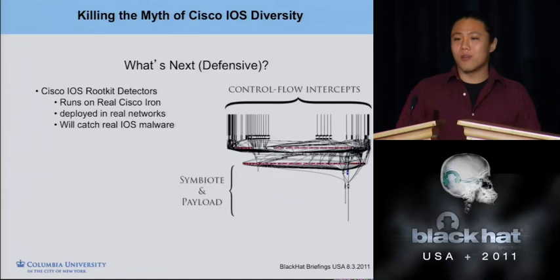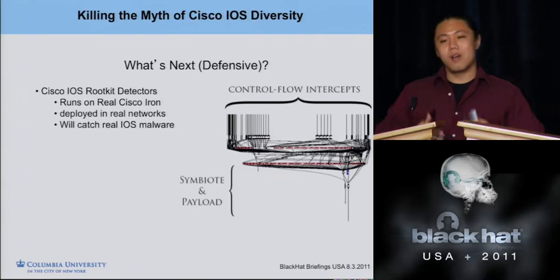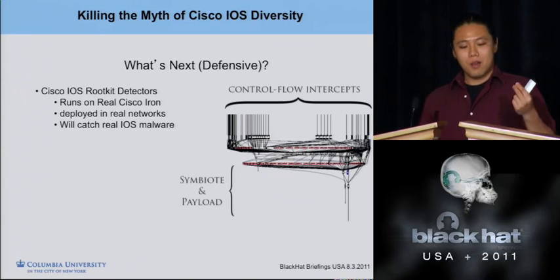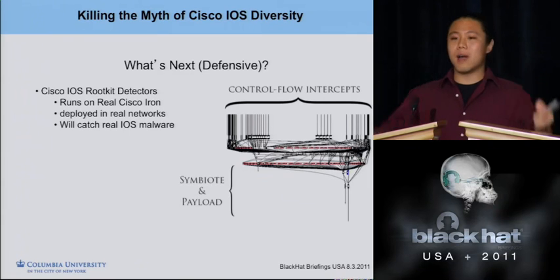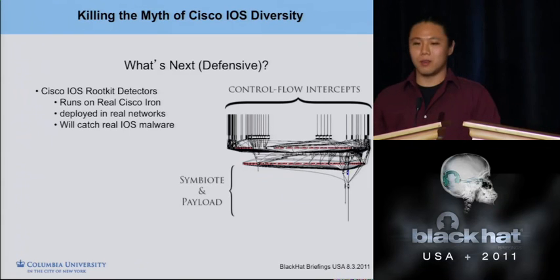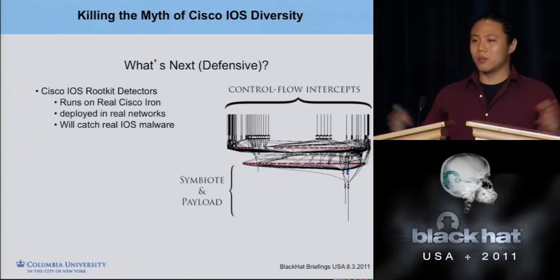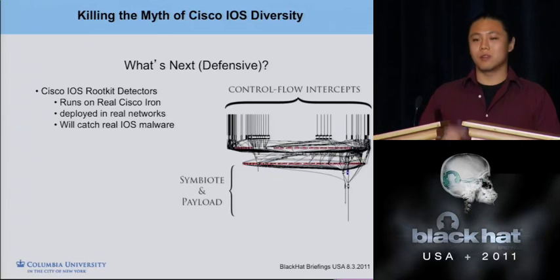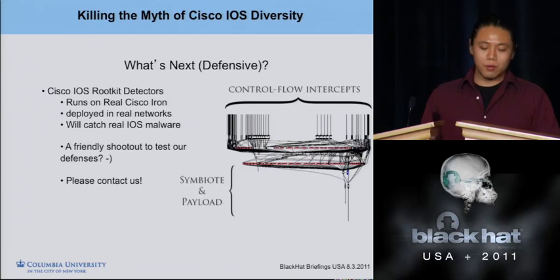And using the software symbiote, we've constructed a line of physical Cisco hardware, Cisco routers, that are capable of quietly detecting and capturing real-world iOS exploitation attempts. And we hope to distribute this across the internet to start actually catching real-world exploitation of Cisco routers. And that brings me to my last point.